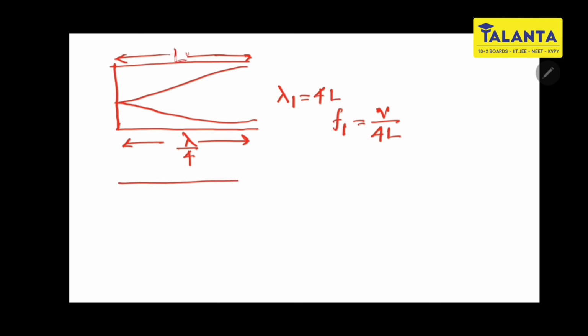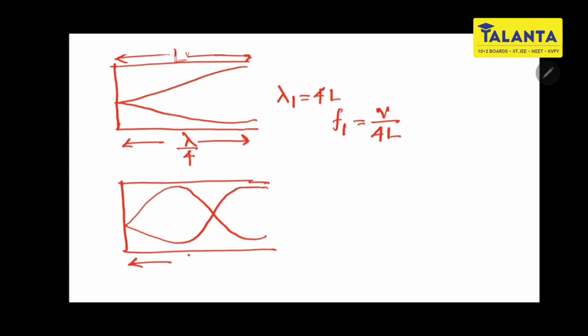In the second mode, here this is 3 lambda 2 by 4. This is antinode, this is node, this is also node. Here in the second mode, lambda 2 equals 4L by 3.